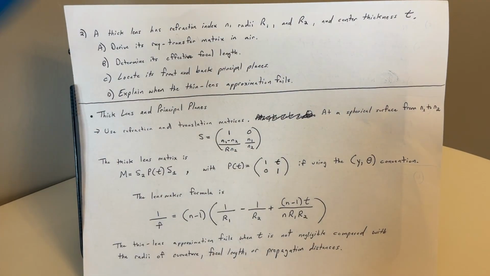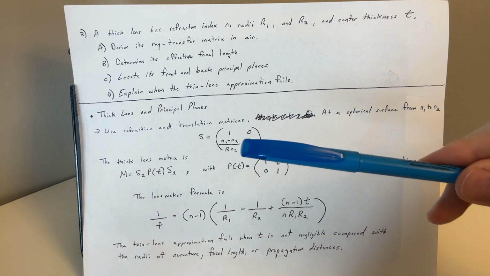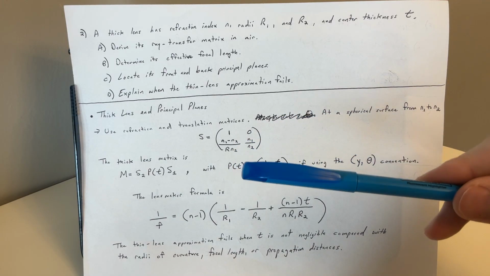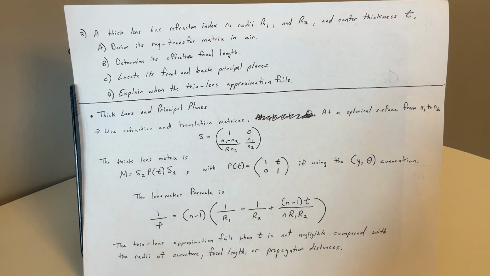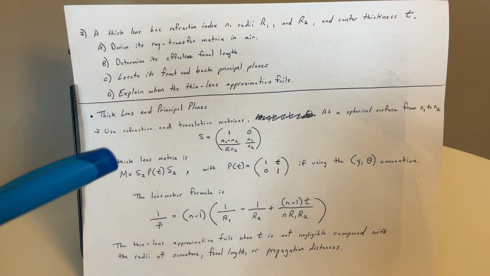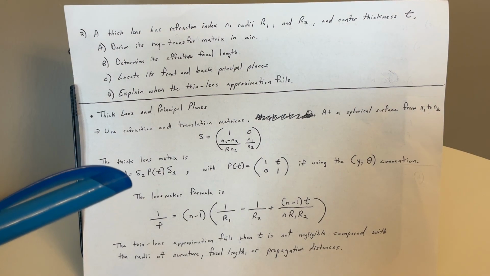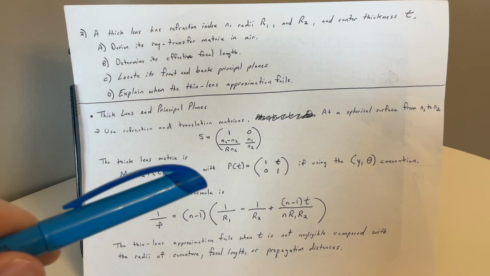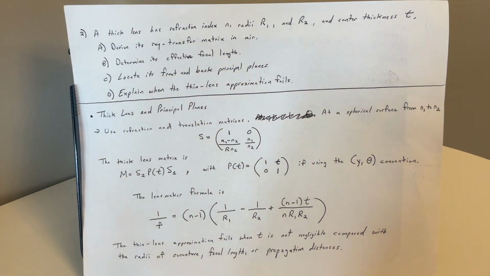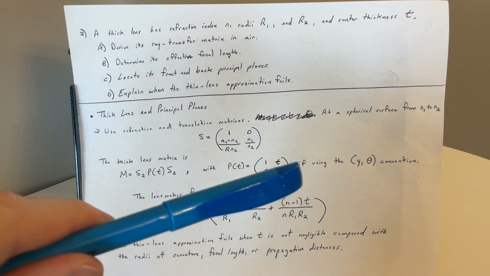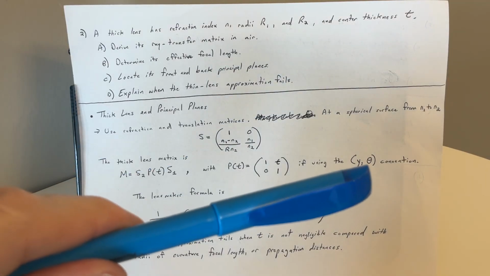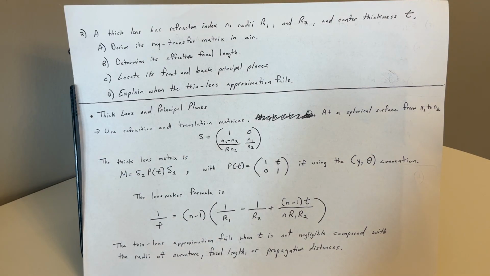So, a thick lens and principal planes problem. We're going to use refraction and translation matrices at a spherical surface from n sub 1 to n sub 2. We get S equals [1, 0; (n1 minus n2) over (R n2), n1 over n2]. The thick lens matrix is M equals S sub 2 P of t S sub 1, with P of t equals [1, t; 0, 1], for the values inside, if using the (y, theta) convention.